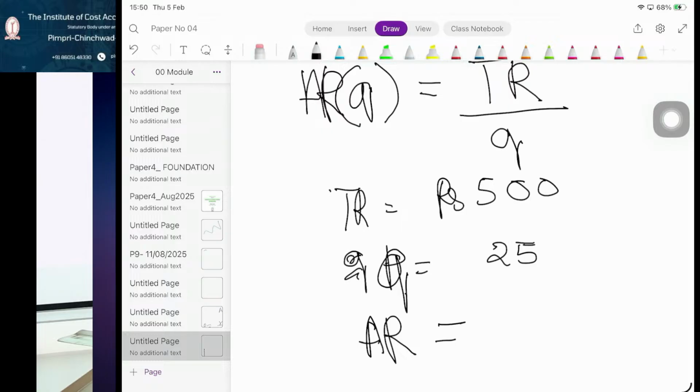Total revenue is 500. Quantity sold is 25. What will be the average revenue? Yes, correct. Absolutely right. It will be 500 divided by 25. That will be 20. Did you all get this? Have you all got this?